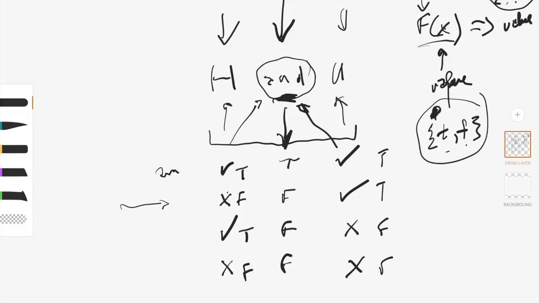Now we have the complete picture about how and behaves. Complete picture, why? Because there are no other possibilities than a claim about the world either is the case or is not the case. That maps onto true and false for our purposes.